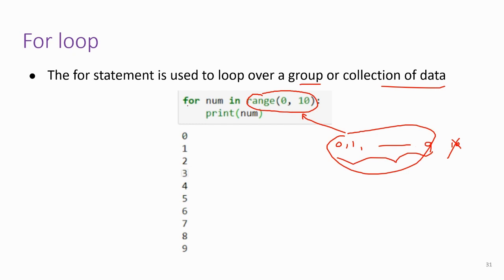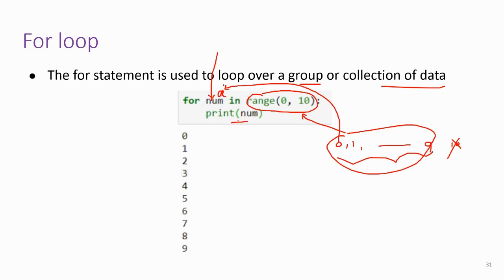Now see, for num in this particular collection, this num is a variable. Instead of num, I can use i, or I can use a, b, c, d, etc. as variables. What is happening here is that each value inside this collection, first 0, will be taken to the variable num, and it will be printed.